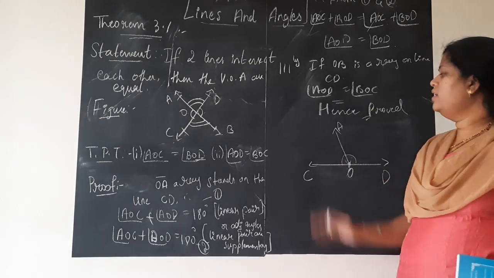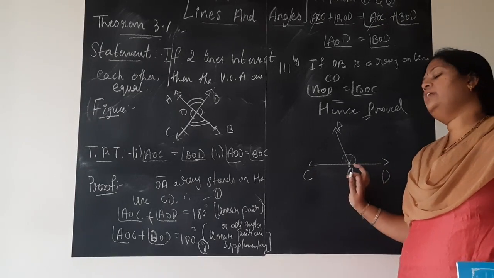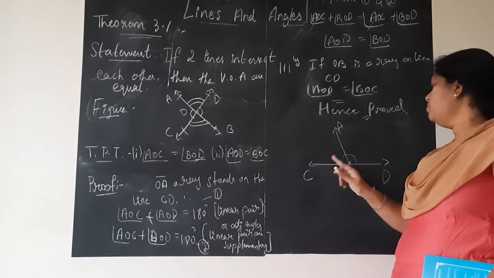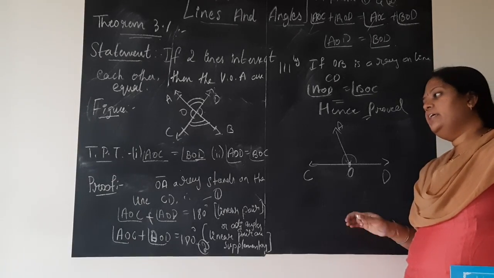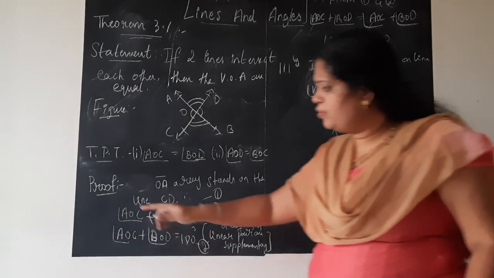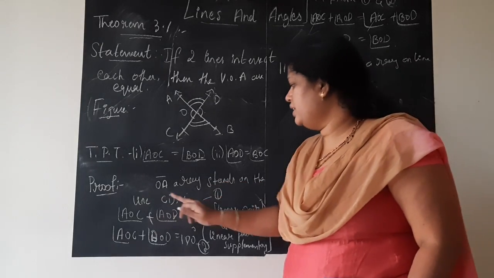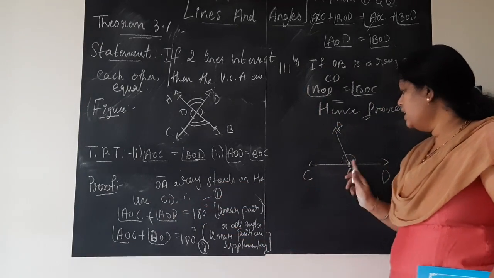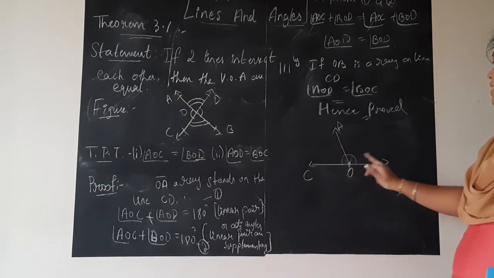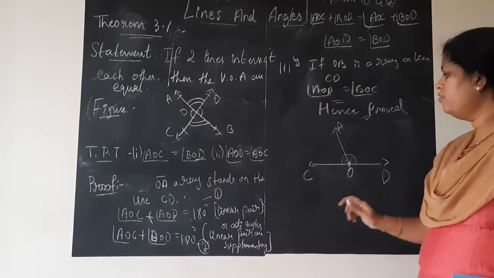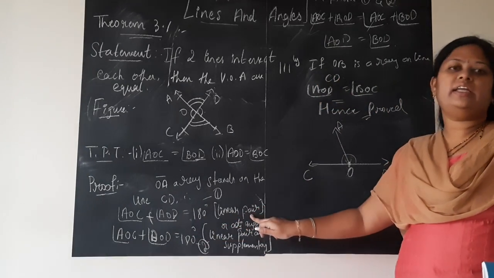We know that a ray which makes adjacent angles with a line, they are supplementary, meaning their sum is equal to 180 degrees. So in the proof, that is what they have done. OA is a ray standing on the line CD, then angle AOC plus angle AOD is 180 degrees. How can you say? Because they are a linear pair.